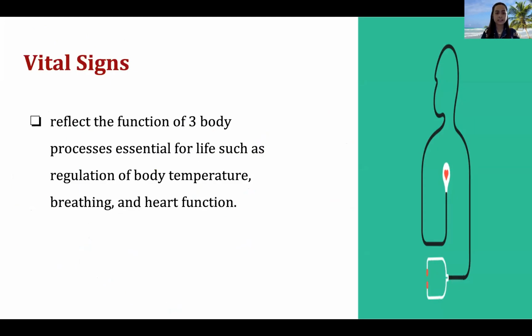So what is vital signs? Vital signs reflect the function of mainly three body processes, which are body temperature, breathing, and heart function. For body temperature, we get the temperature of the patient through axillary, tympanic, we also have temporal, also oral and rectal.